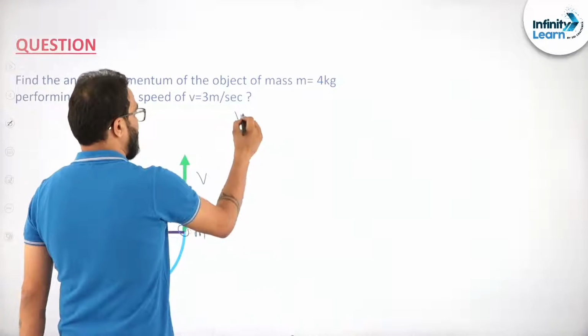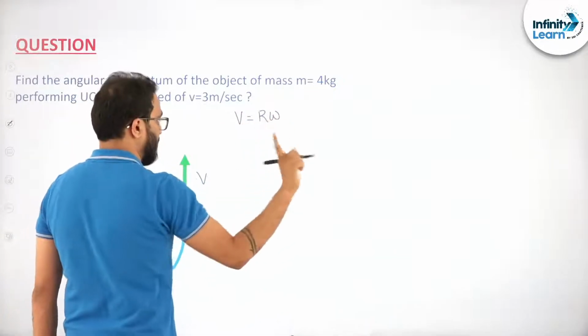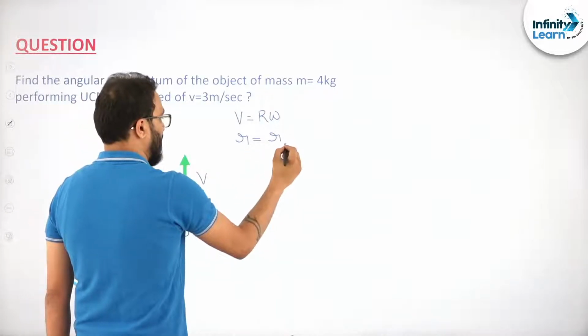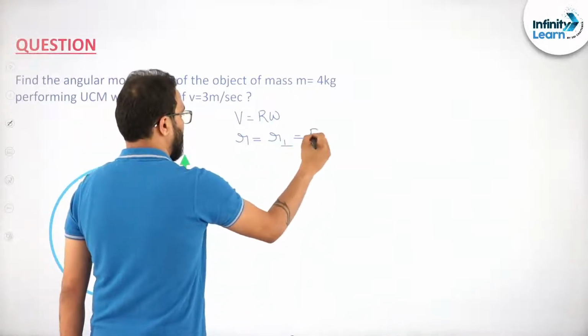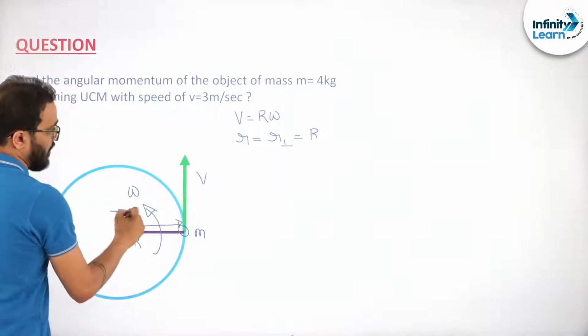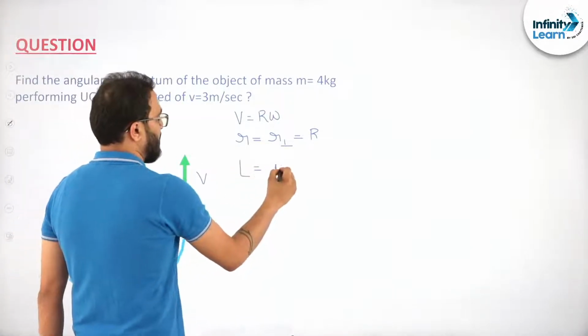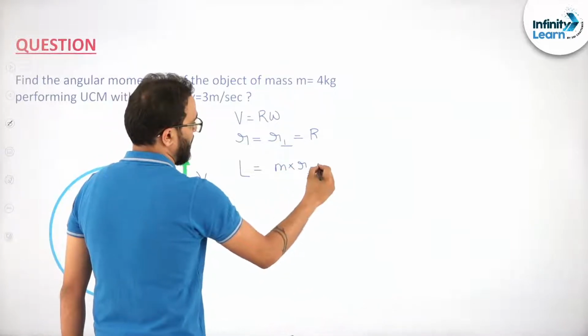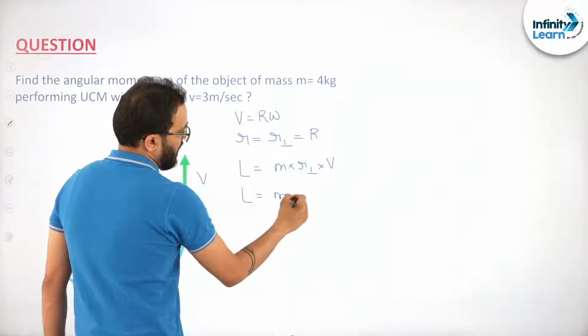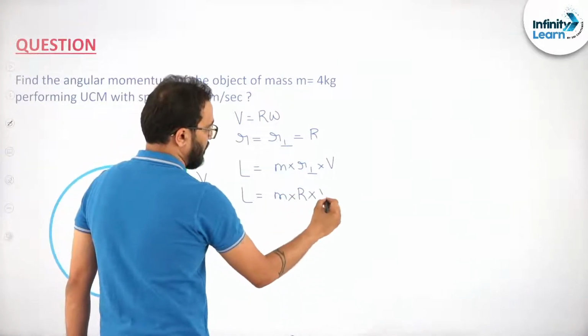So v is equal to r omega, number 1. Number 2, here r perpendicular is equal to capital R, because this is your vector r. So when you find the angular momentum, it will be m into r perpendicular into v, so m into r into v.